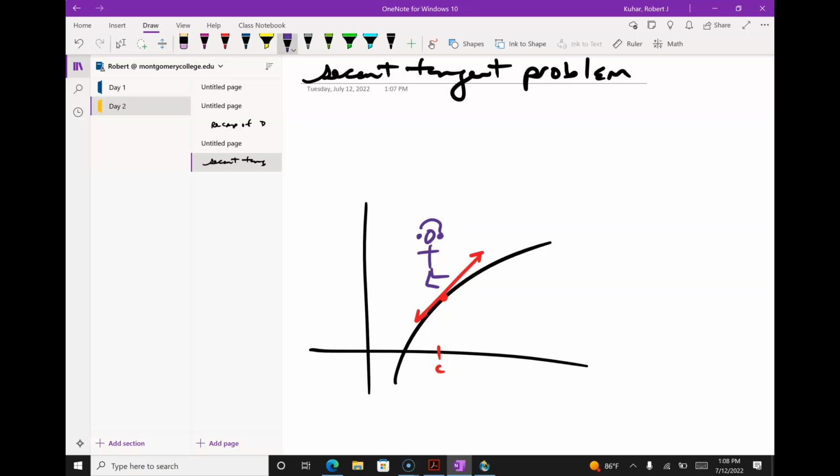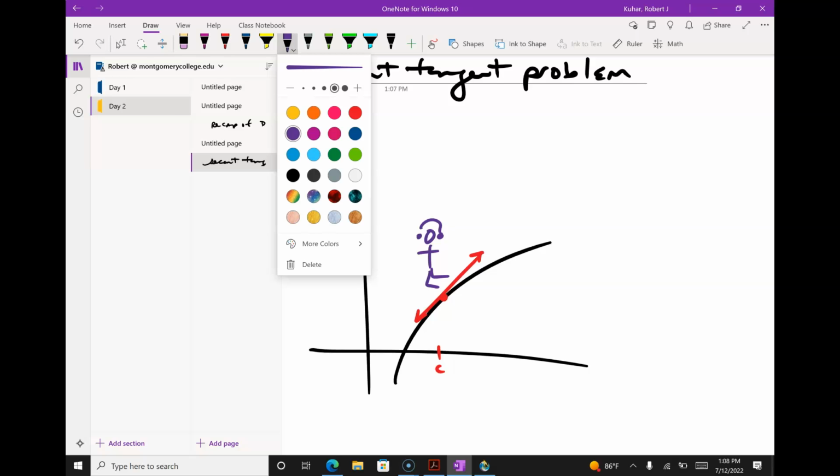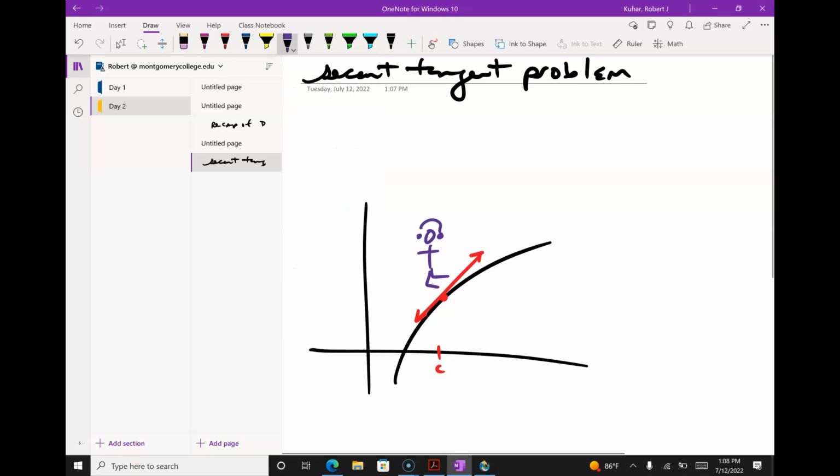So what we do is we create a secant line. The secant line hits two points. Yes, you with me? So that I can calculate that slope, right?